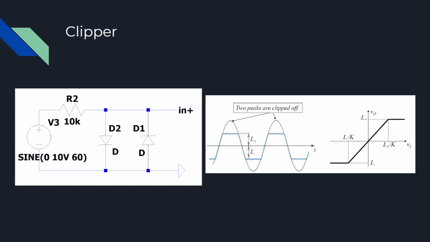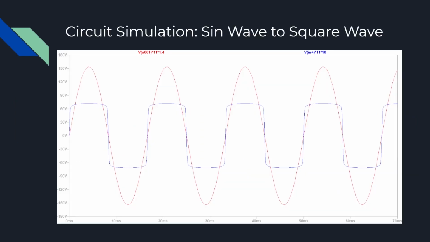In our circuit, the input is an AC voltage source with a magnitude of 10 volts, as we reduced it before, and the frequency is 60 Hz. The picture shows the result of our LTspice simulation.